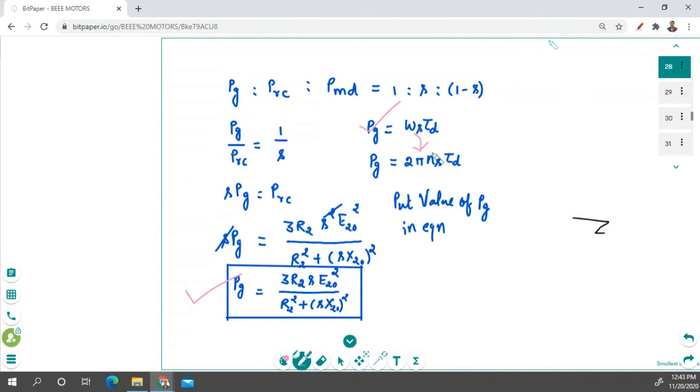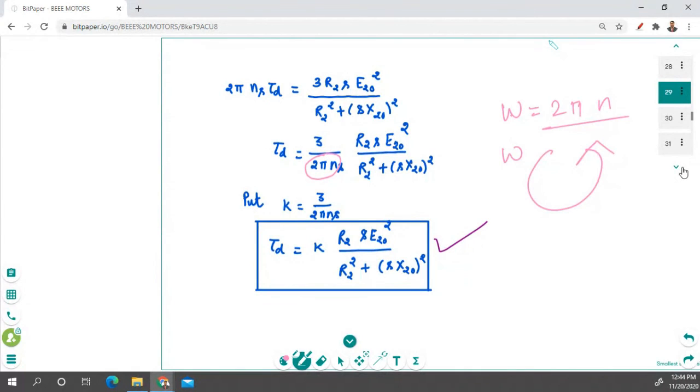Ns is the synchronous speed here. Quickly give your response. So we have just rearranged this equation: Td is equal to Pg divided by 2 pi Ns. Okay, clear. So this is the derivation for torque. We have completed the derivation for torque.